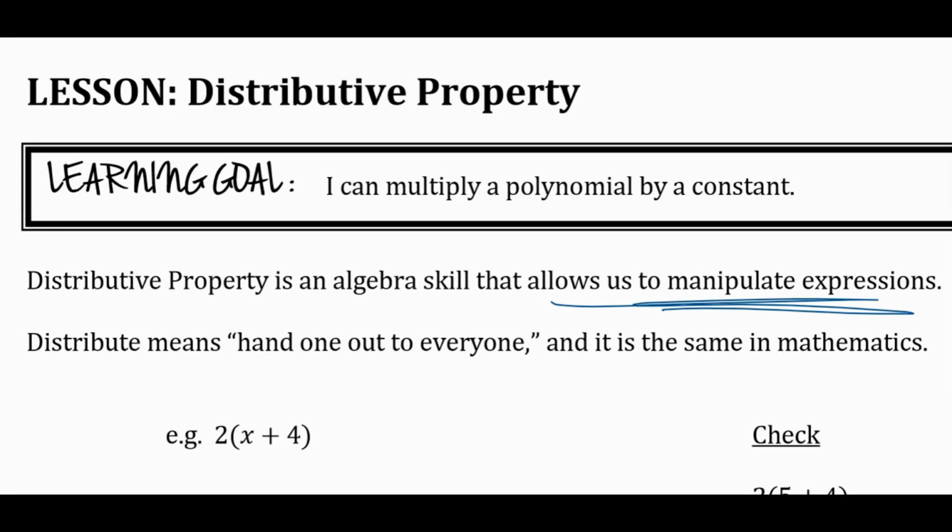And that's what algebraic skills that manipulate expressions are all about. So for us in grade 9, we're just doing distributive property, so it's always kind of going to look the same. But that's not always the case in math. So keep that in mind down the road when you go to grade 10, grade 11. Sometimes you go this way, sometimes you go that way. Part of it is you figuring out what form you want the equation to look like.